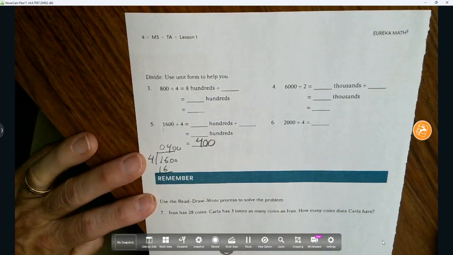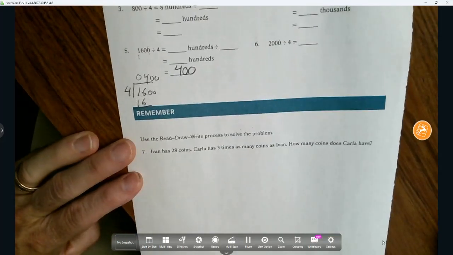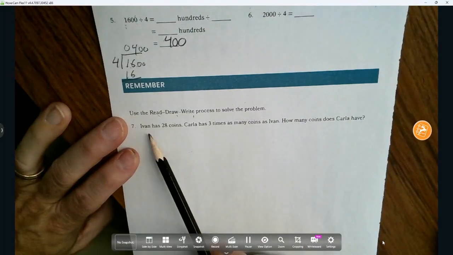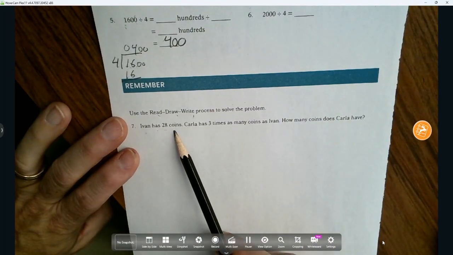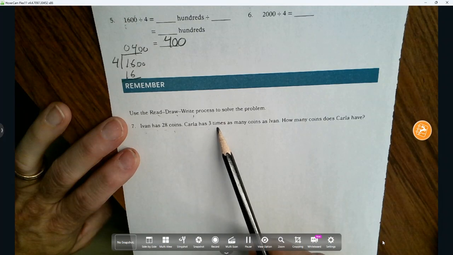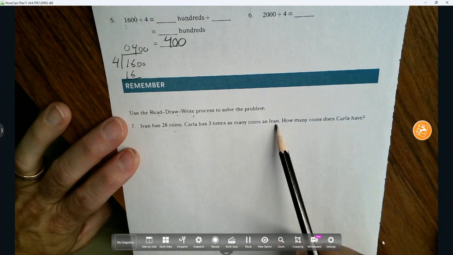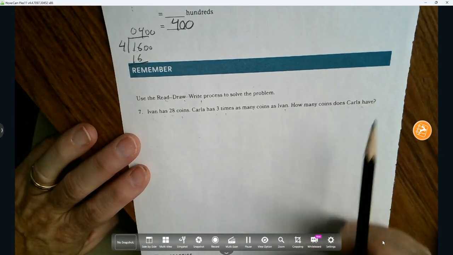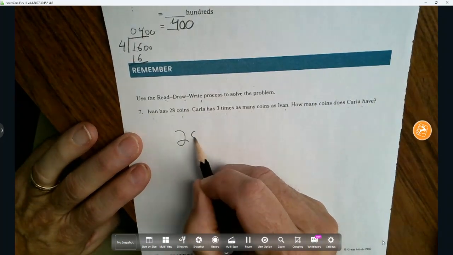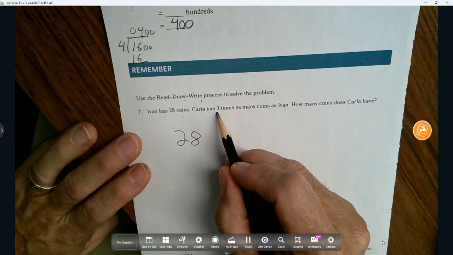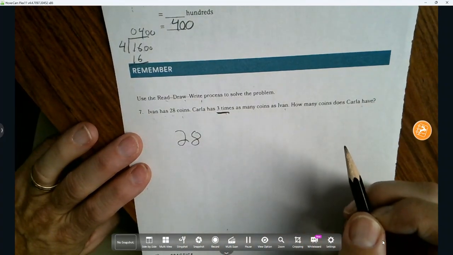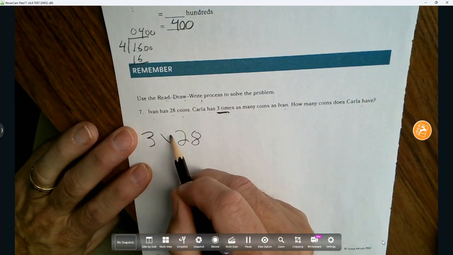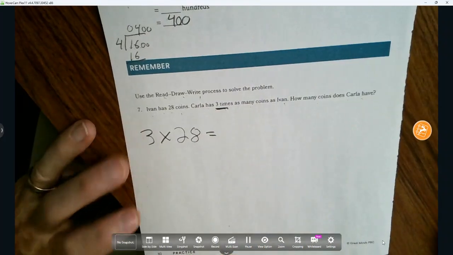Okay. Let's look at the redraw and write one on the bottom. It says, Ivan has 28 coins. Carla has 3 times as many coins as Ivan. How many coins does Carla have? Well, Ivan has 28, and Carla has 3 times as many coins as Ivan.